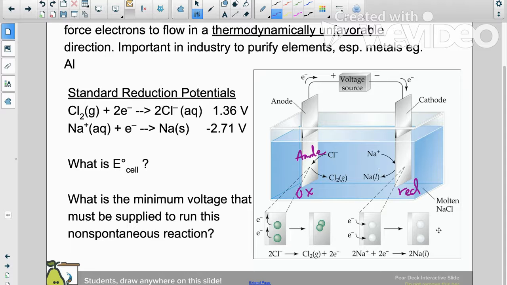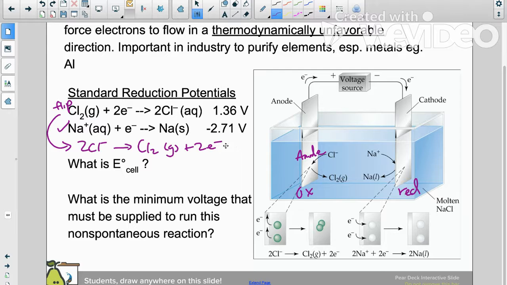So this reaction is occurring right here. And we've got to flip this reaction over here. So let me write the flipped reaction. So 2Cl minus produces Cl2 gas plus 2 electrons.